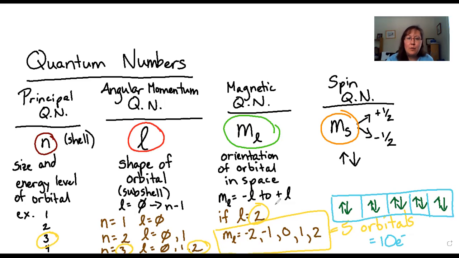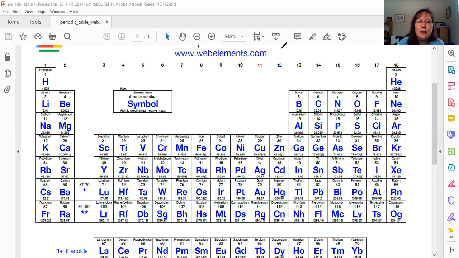Now remember that this said L is equal to 2. Let's go back to our periodic table, and you'll see right here that L equals 2 was our D block. You'll notice that we have 1, 2, 3, 4, 5, 6, 7, 8, 9, 10 electrons in here, which correspond to the 10 electrons from before.